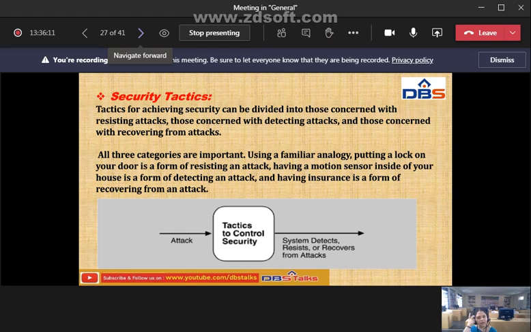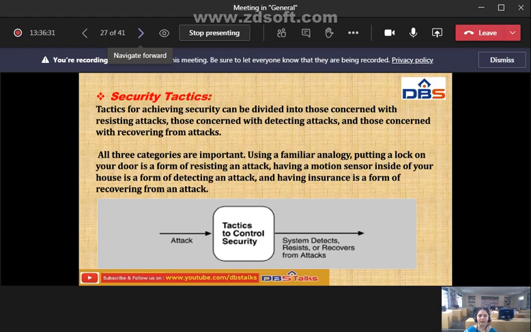For that purpose, the architect will take the tactics, meaning design decisions, to resist attacks, to detect attacks, and to recover from attacks. All 3 categories are important.